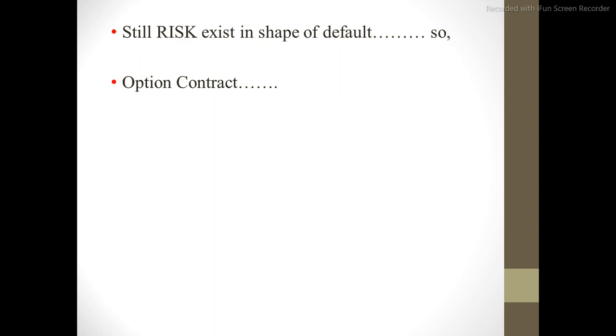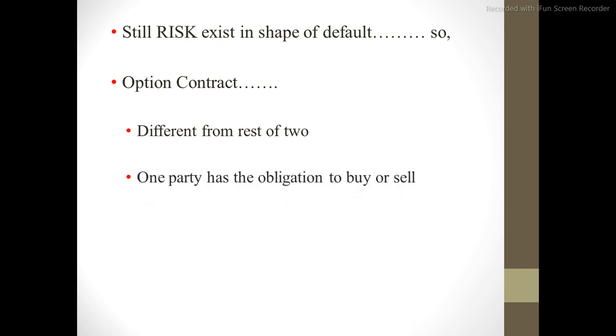Option contracts are different from the rest of the two, because here one party has the obligation to buy or sell some asset, while the other party has the right to make a choice, yes or no. In simple words, whenever two investors enter into an agreement for the sale and purchase of something at a future date at a price settled today.